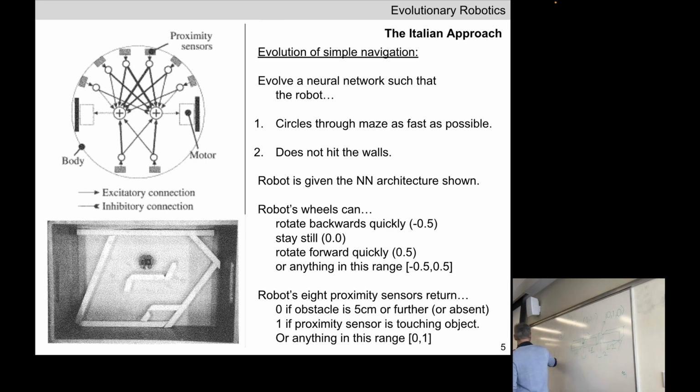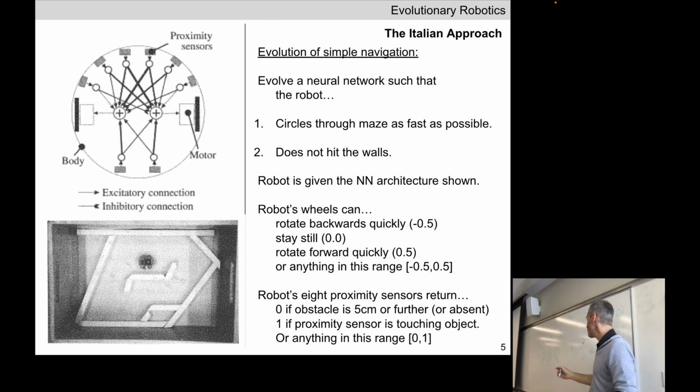So let's imagine that at a given point in time, the left motor neuron has a value of minus 0.5 and the right wheel has a value of 0.5. The motors are going to apply rotational forces to the wheels. Rotational forces are known as torques.